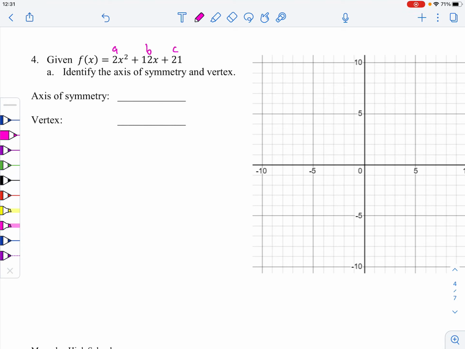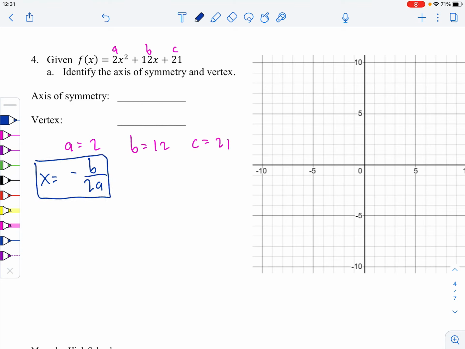Take one more. A, B, C. Alright, so A is equal to 2, B is equal to 12, C is equal to 21. We're going to use our x equals opposite b over 2a equation. So x equals negative, and then your b is 12, over 2 times a, your a is 2.